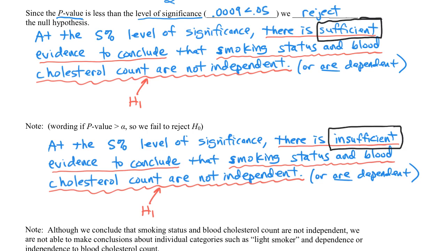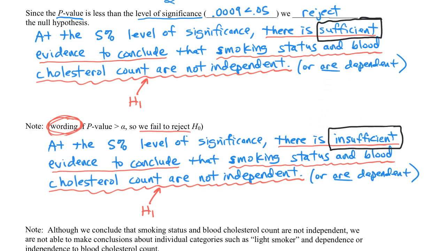So I guess this wording maybe makes it a little easier. In this case, we rejected H naught, so there's sufficient evidence to go with H1. Here, had we failed to reject, which is not true in the case of our problem, I just wanted to show the wording. The only difference is I changed sufficient to insufficient.